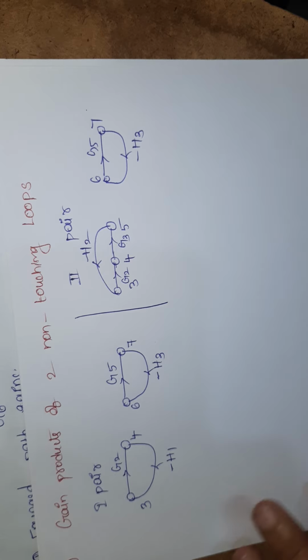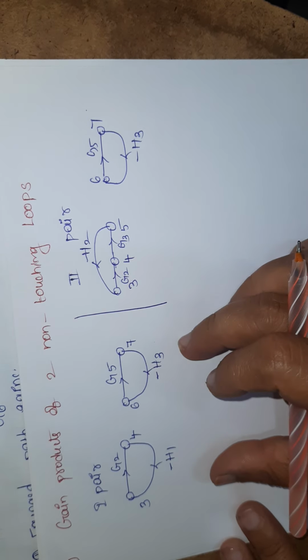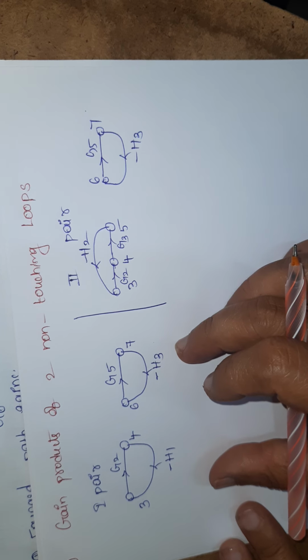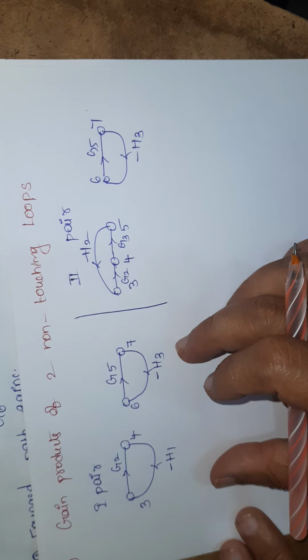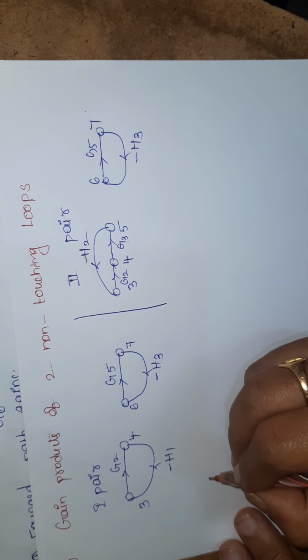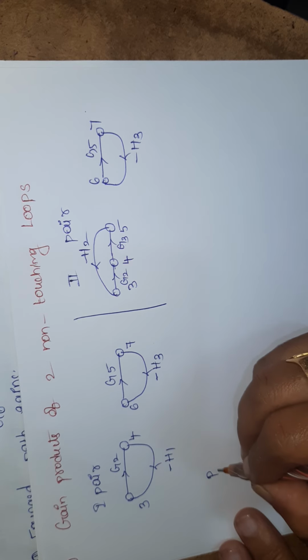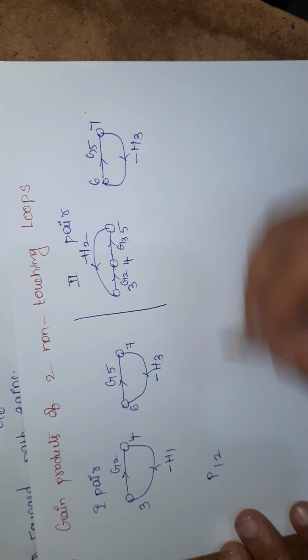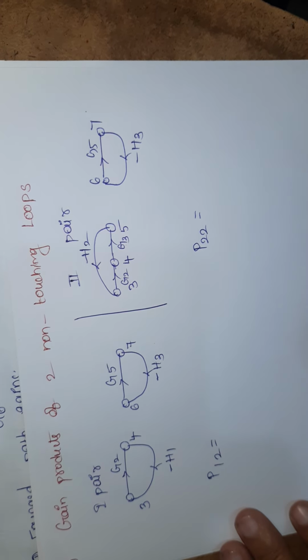Okay, so now we have to find out the product of two non-touching loops, and those non-touching loop gains I am assuming as P12, and here I am writing it as P22.